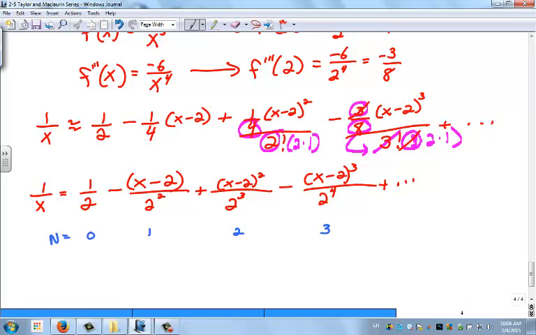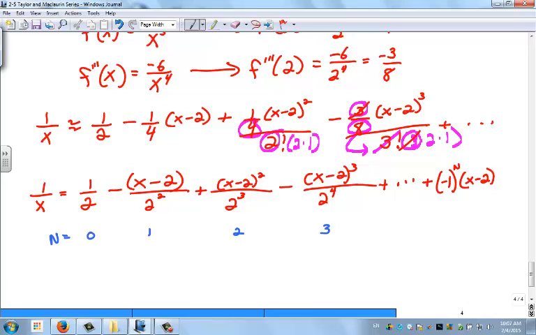Okay, so odd indexes of n are giving you negative answers, right? So to do this, you'd have plus negative 1 to the n, because odd powers are giving you negative answers. That's the way it should be, so you're good to go there, times x minus 2.